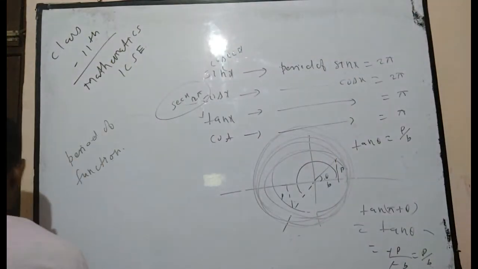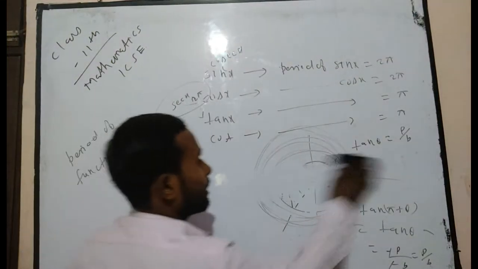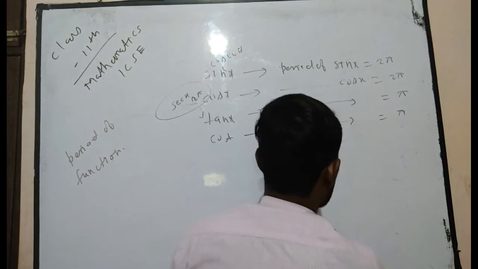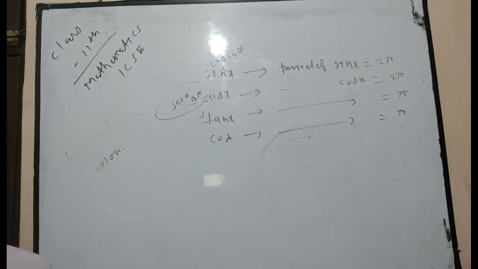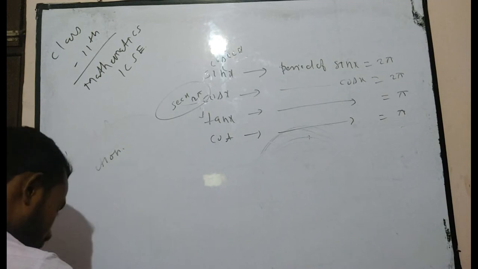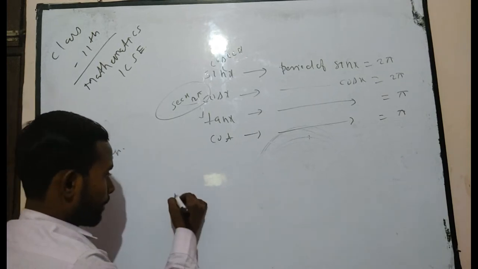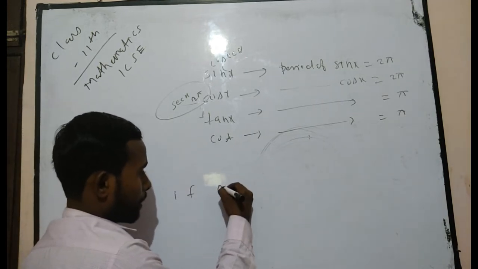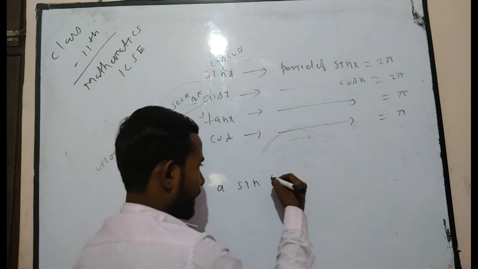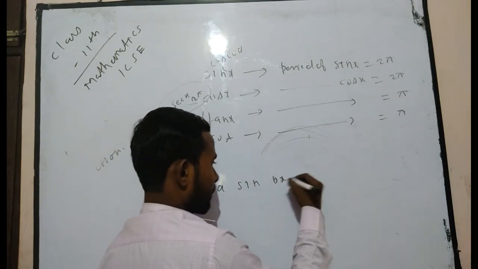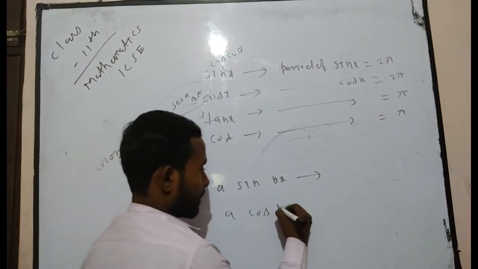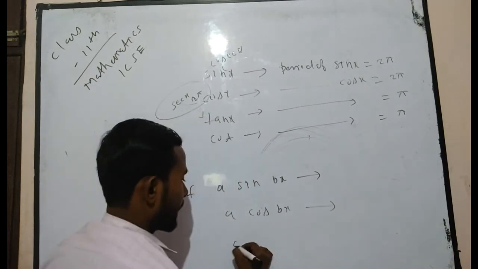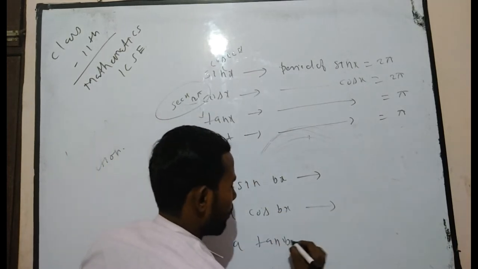Now I want to give you a standard formula for the period of a function. If you have to find the period of a sin bx, or a cos bx, or a tan bx, what can you say about it?